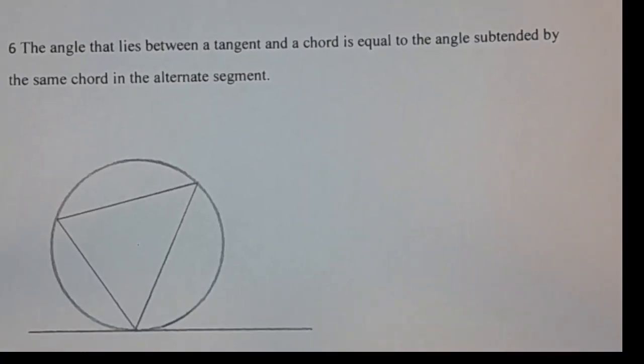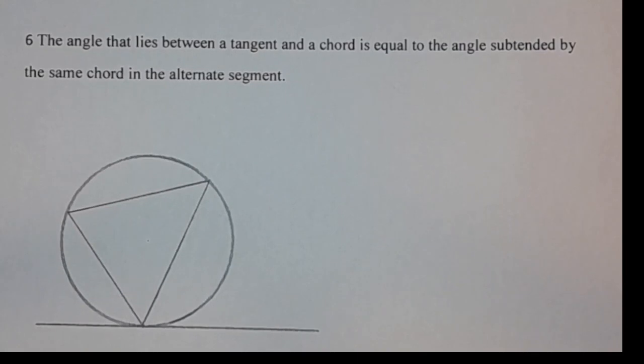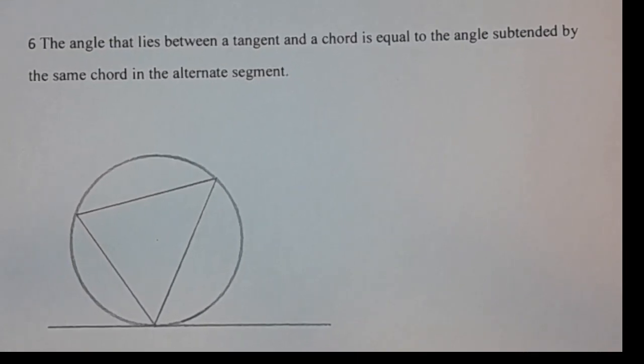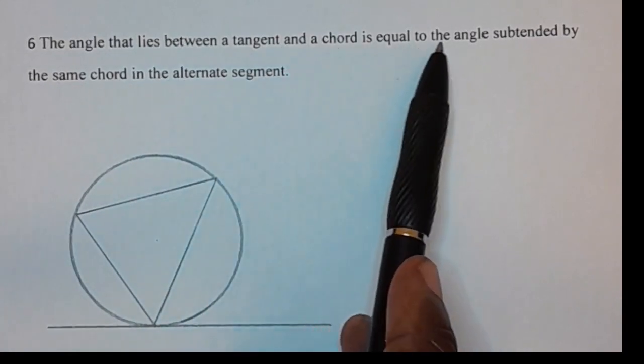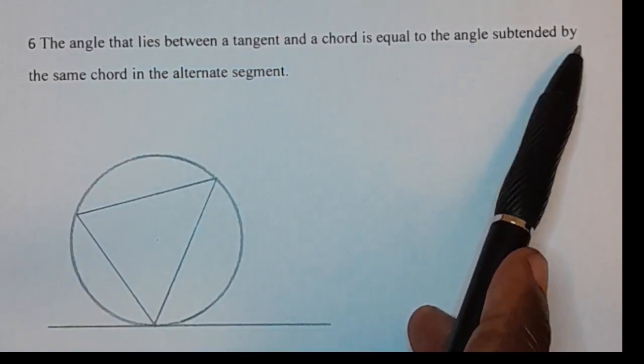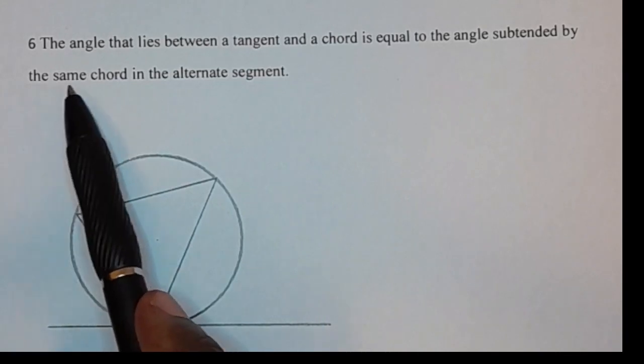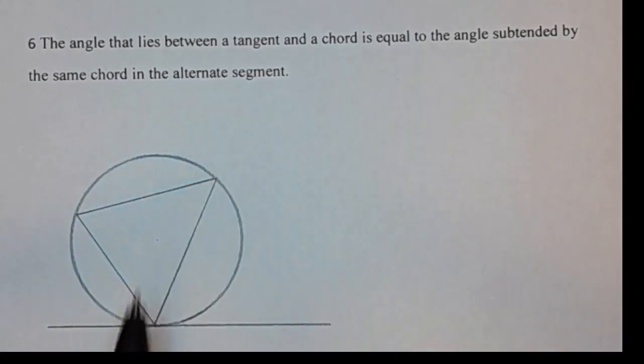The last property, the last theorem that we are going to look at is this one. The angle that lies between a tangent and a chord is equal to the angle subtended by the same chord in the alternate segment.